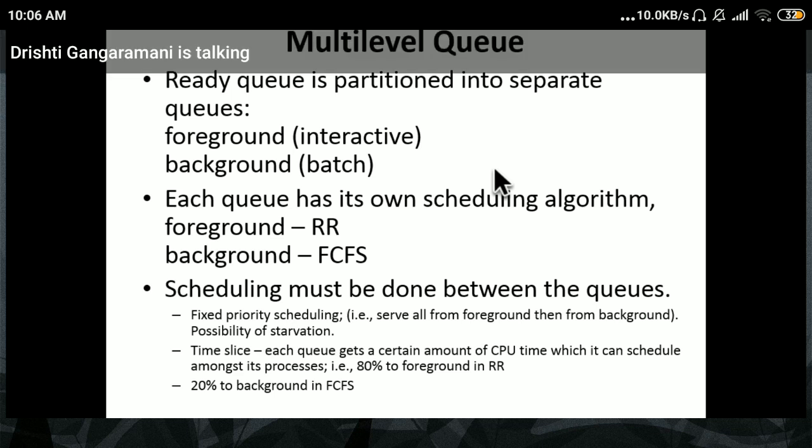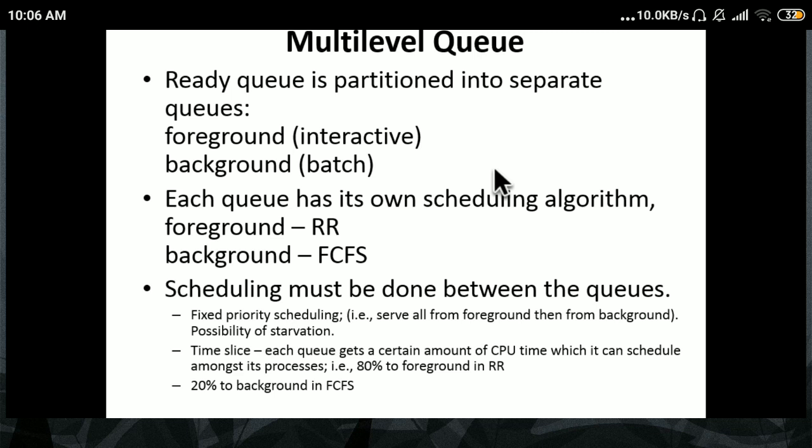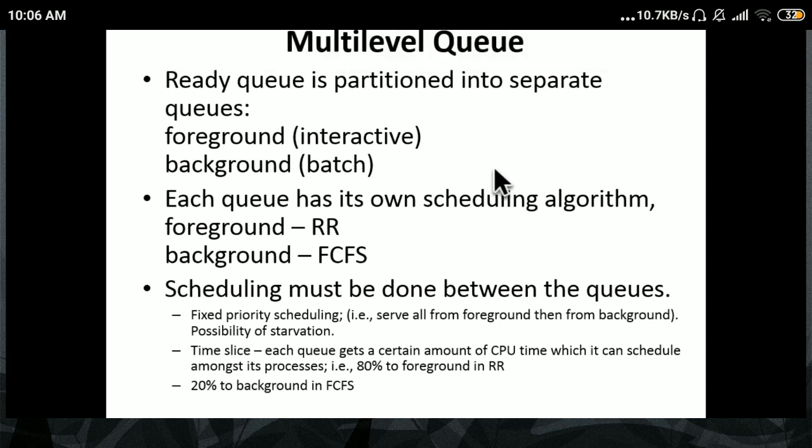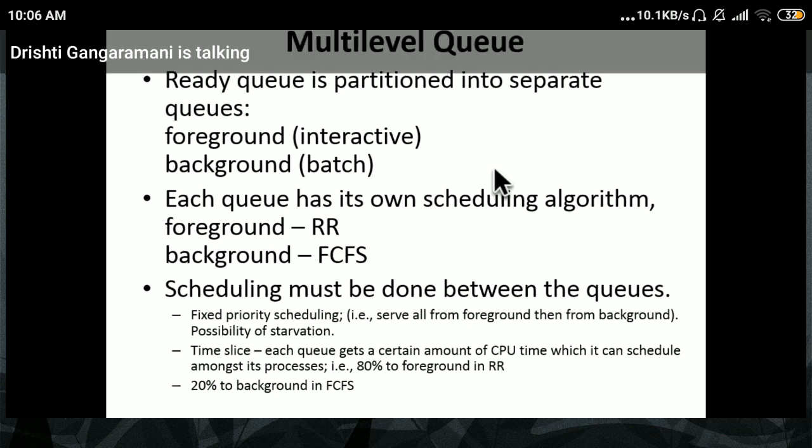Can anyone tell me what you mean by the term starvation? Any guesses? Okay, I'll explain this concept.